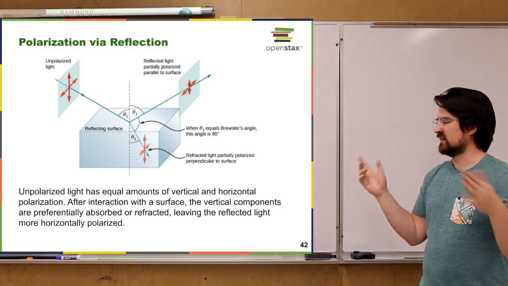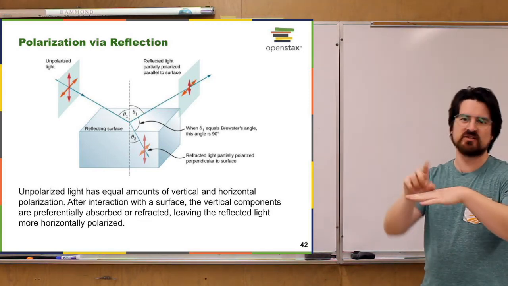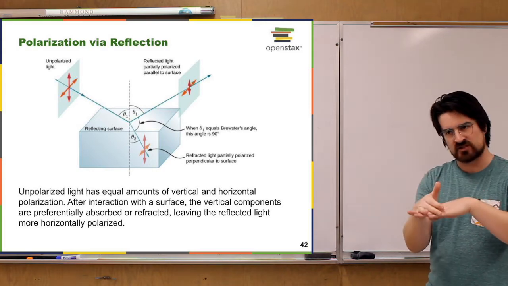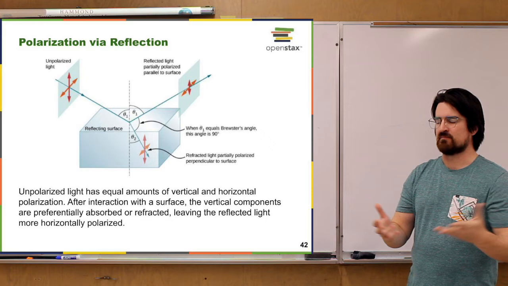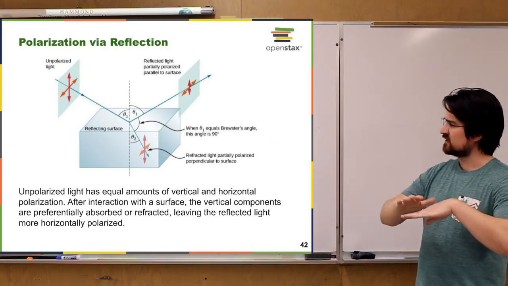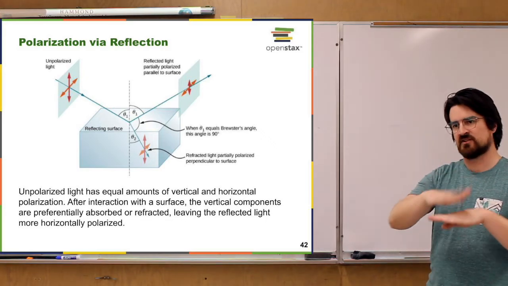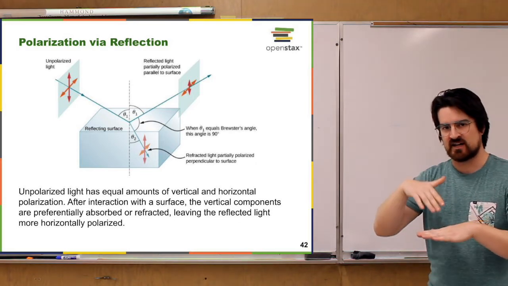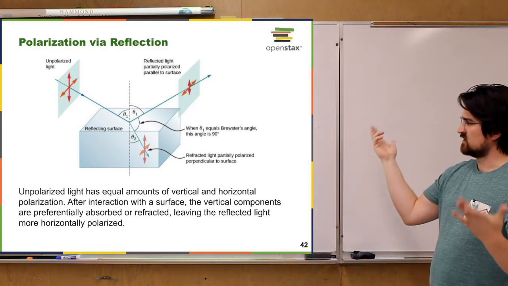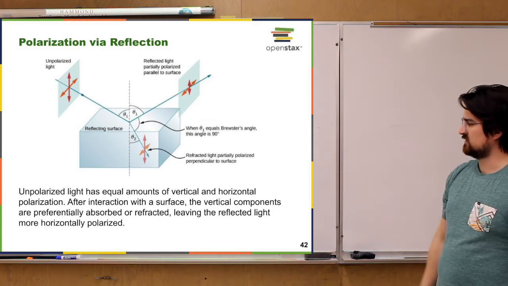But it's not all of it. Some of the vertically polarized stuff is still going to bounce and keep going. Some of the horizontally polarized stuff is going to refract and go through. So it's not a perfect thing, but in the end, if you're looking at light that's reflected off of this smooth surface, then overall its intensity will have gone down, partly because it's now partly polarized horizontally.